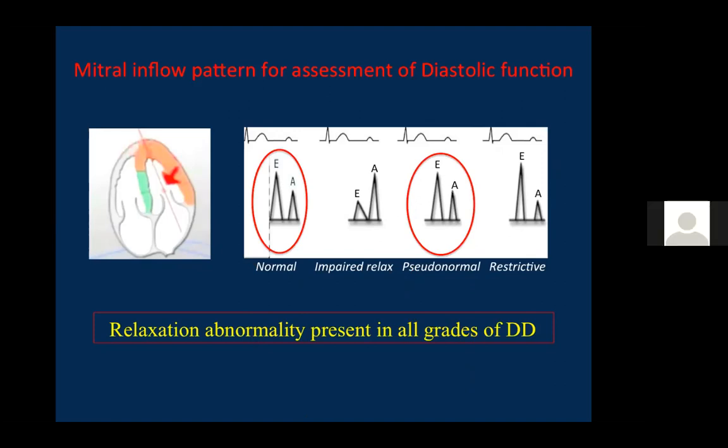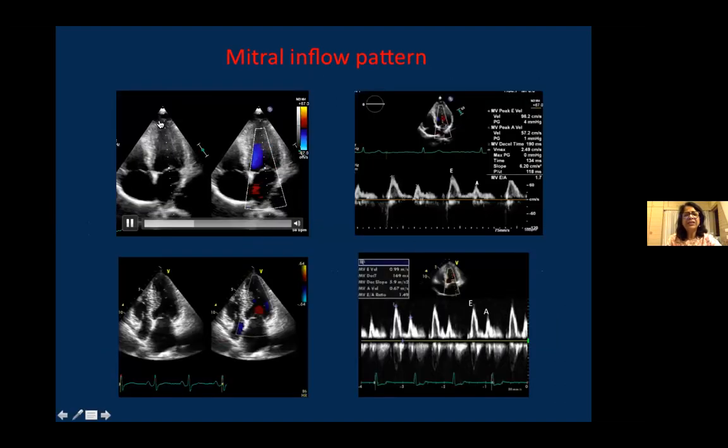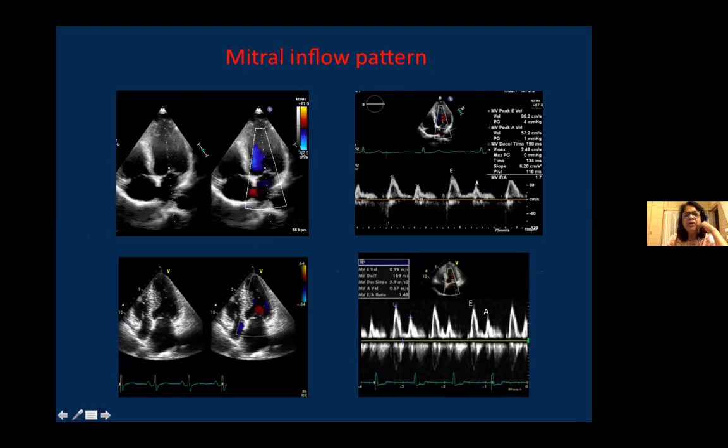E is more than A. See, this is a patient who has come for a routine checkup, and we do the assessment of the diastolic function of the mitral valve, and we see that the E wave is more than the A wave.